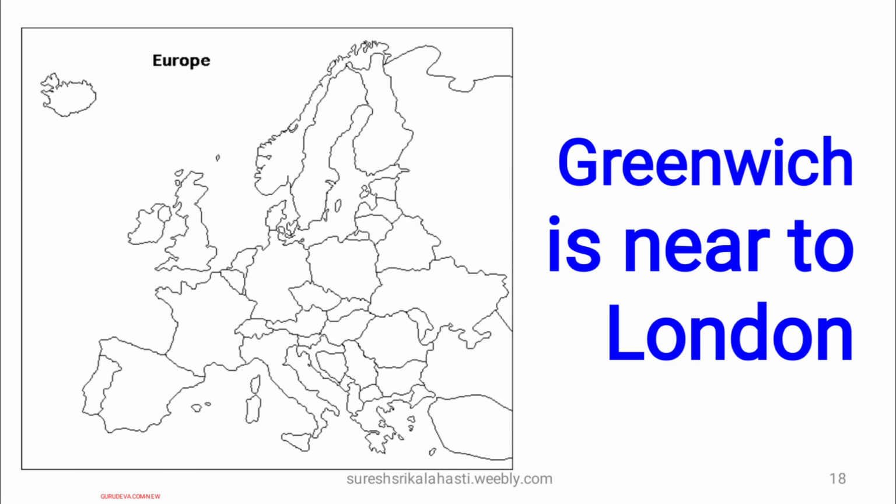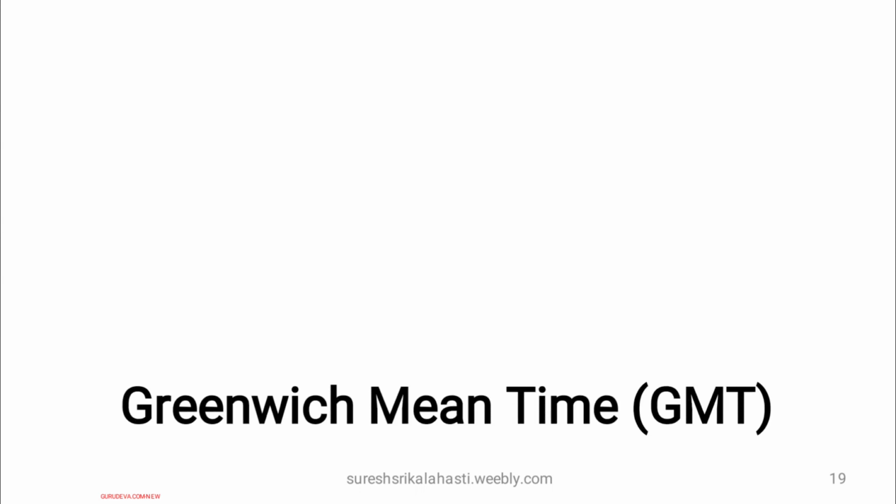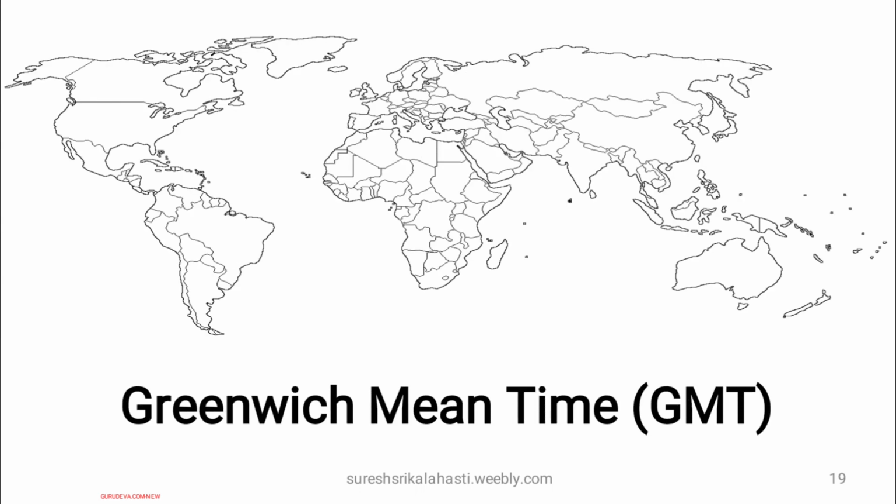Greenwich is very near London in England. This is the Greenwich line. It is also known as 0 degree longitude. This is London. See, it is on the world map.